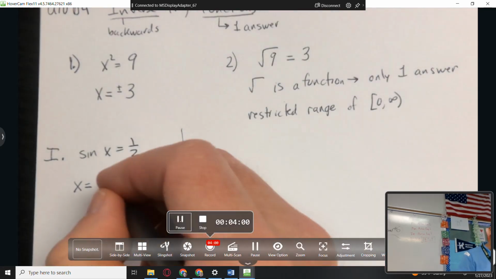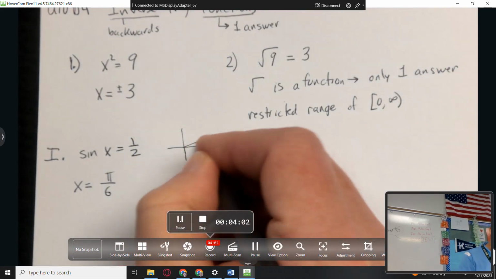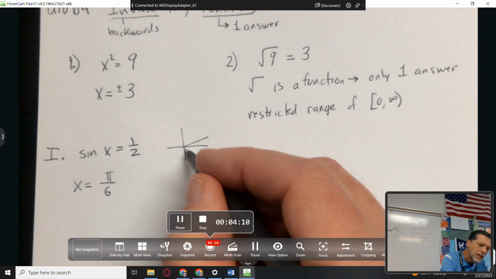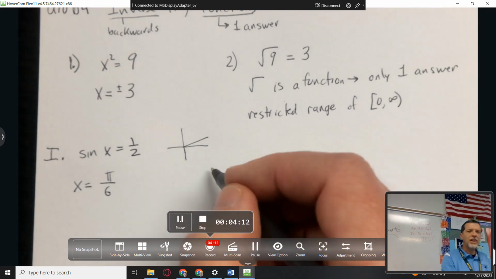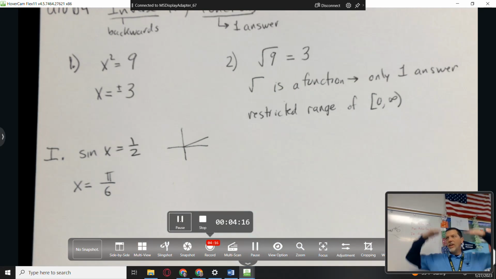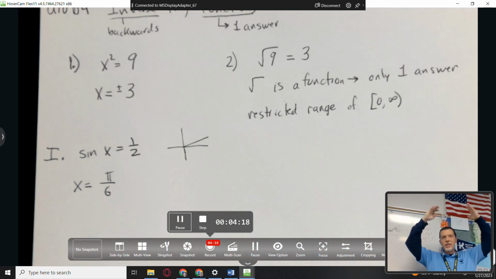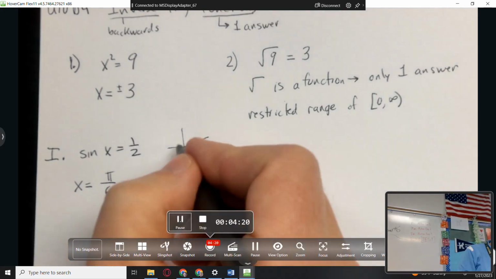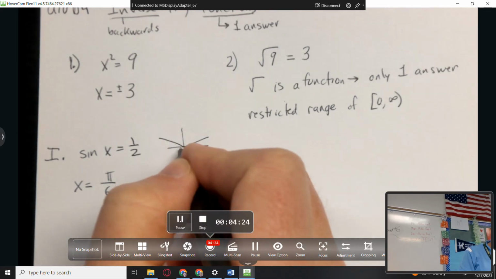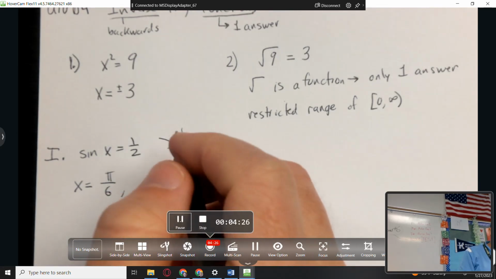So pi over 6 is one of the answers. 11 pi over 6 would be down there, and that would be negative. Sine's positive, and if sine's positive, it's got to be in the top half. You said almost 1, so 5 pi over 6.